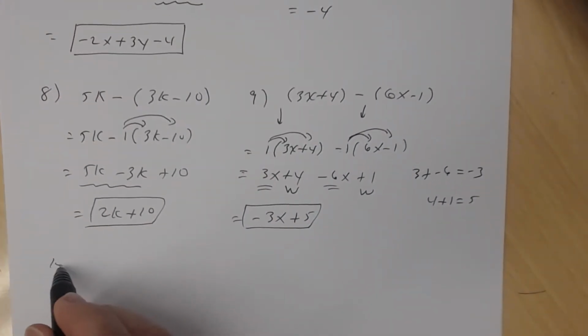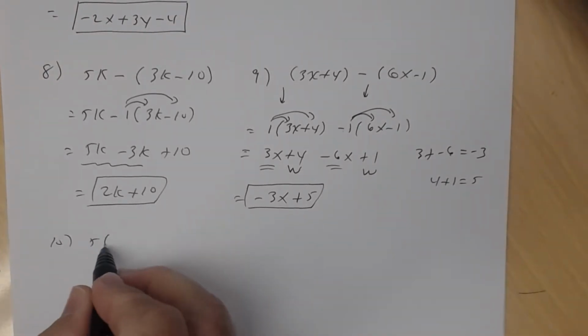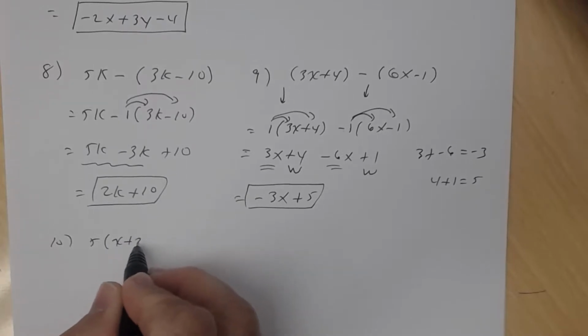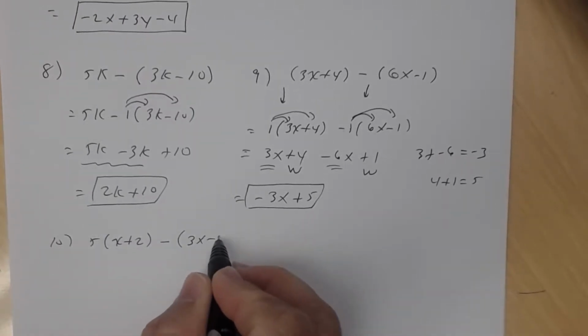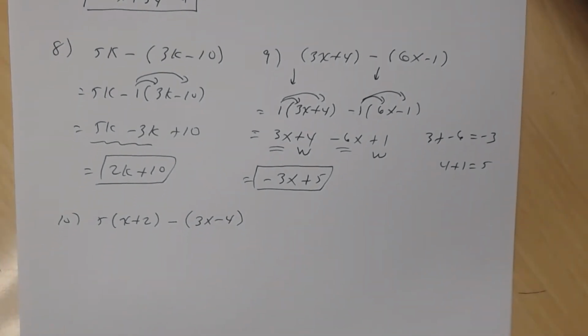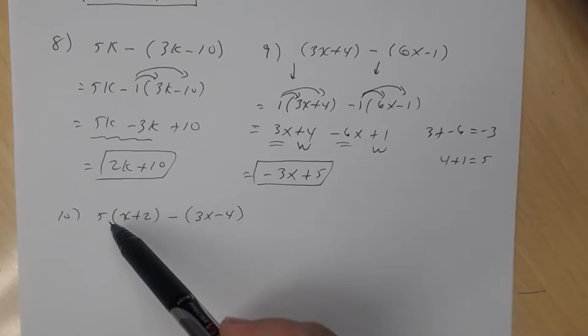Okay, number 10. Suppose you had 5 times x plus 2 minus, in parentheses, 3x minus 4. It's very similar to number 9, except now in this case we have a 5.